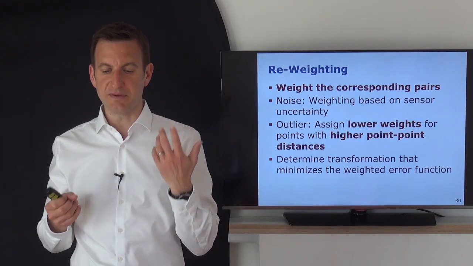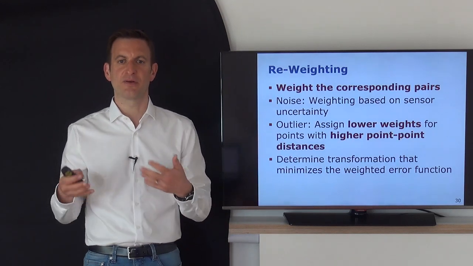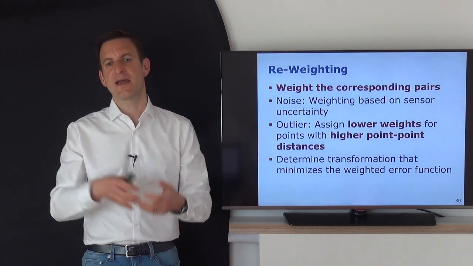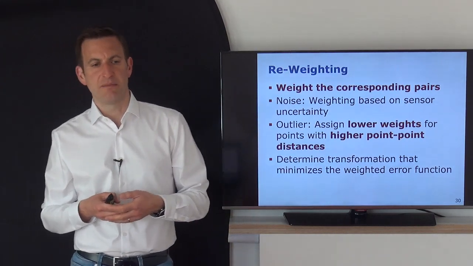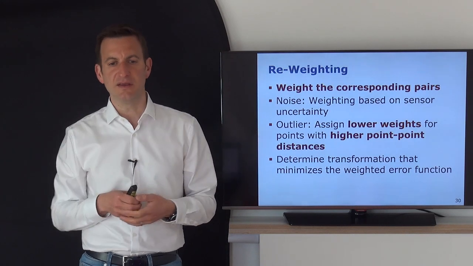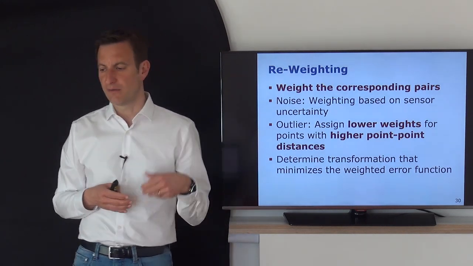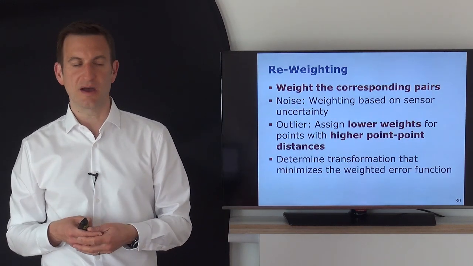So again, this weight can be taken into account based on my sensing principle, where I know that certain points are scanned with a higher accuracy or a smaller accuracy. The same holds, for example, for depth cameras such as the Kinect camera or a similar setup, where you can see the uncertainty of the points, or the noise that you have, increasing with distance. So you want to take that into account.